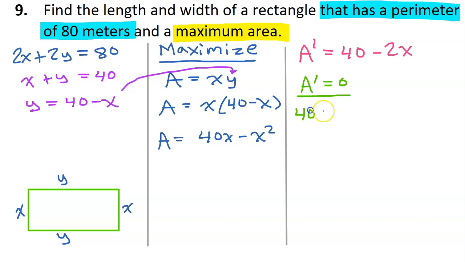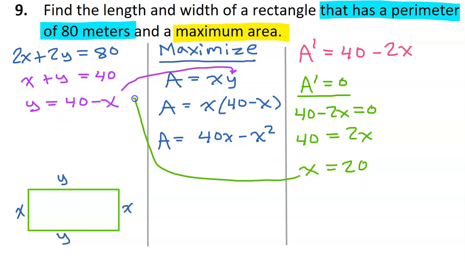So 40 minus 2x is equal to 0. Adding 2x to both sides, that's 40 equals 2x. Dividing both sides by 2, that's x is equal to 20. So this is one dimension of the rectangle. Let's go ahead and find the other dimension by substituting this back in right here.